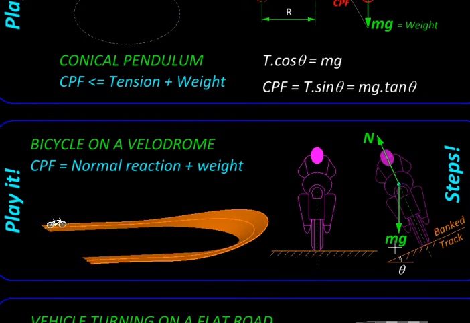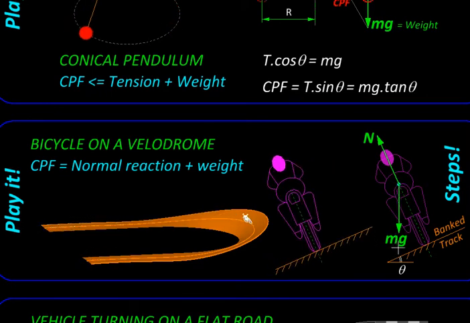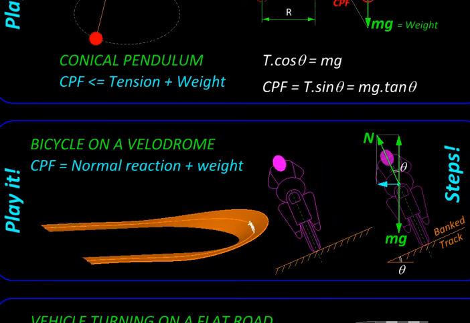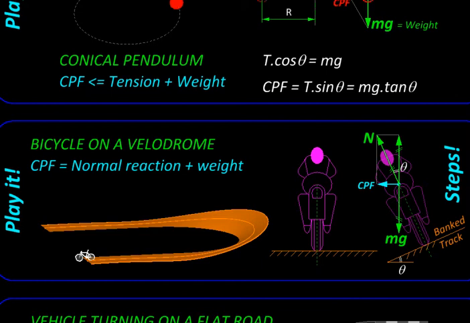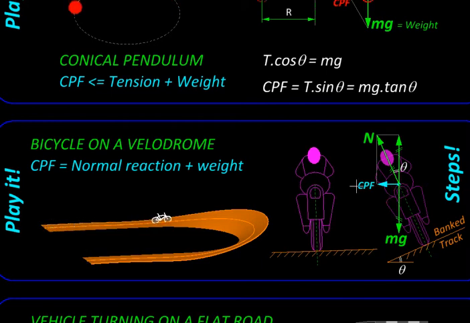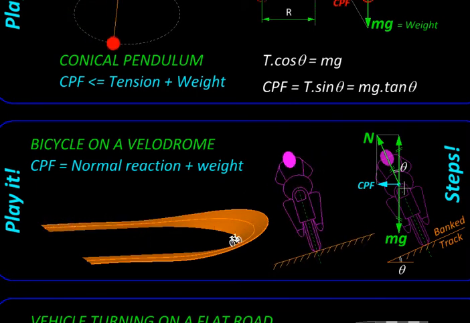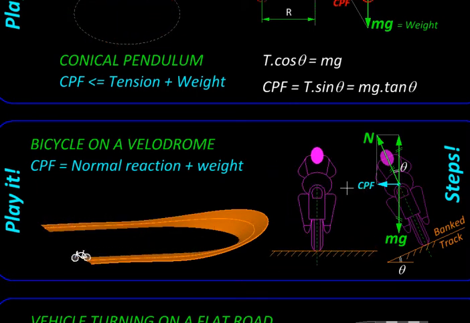First, its weight mg acting vertically downward, and number two, the normal reaction from the road. Again, like before, the forces can be resolved and added, and a resultant can be found. Over here too, the resultant is acting towards the center of the track, and it provides the centripetal force required.